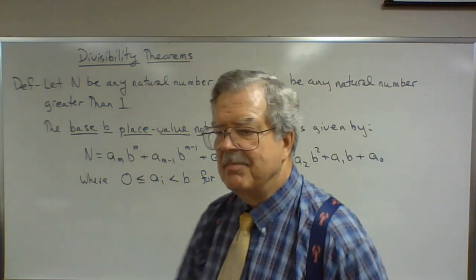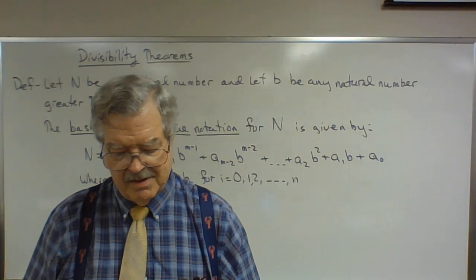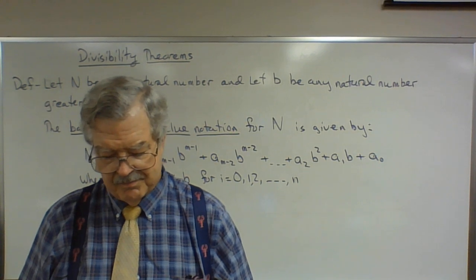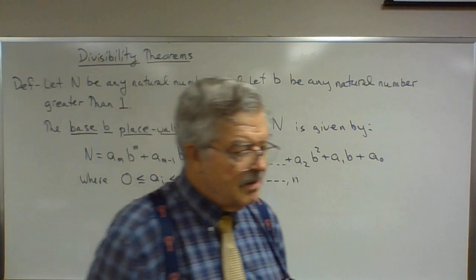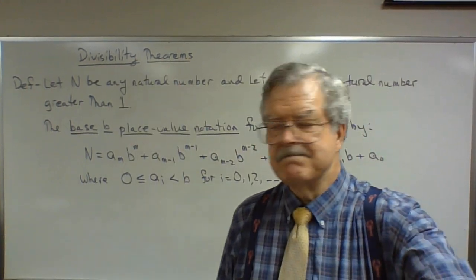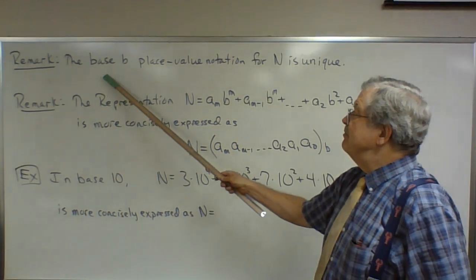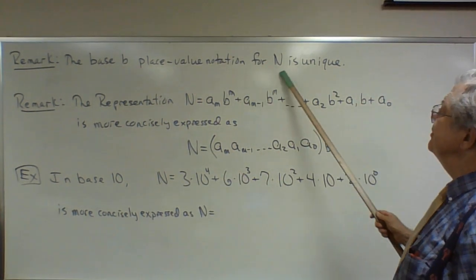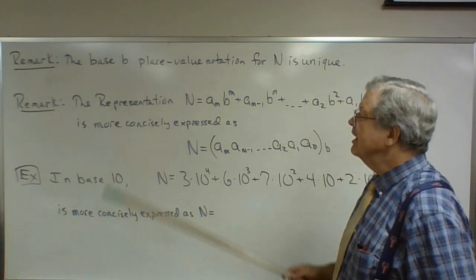Let's look at a couple of examples, but maybe I have a remark first. The base B place value notation for N is unique. There's only one way to do it.